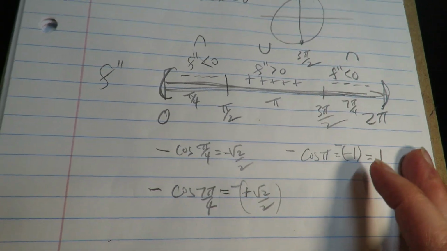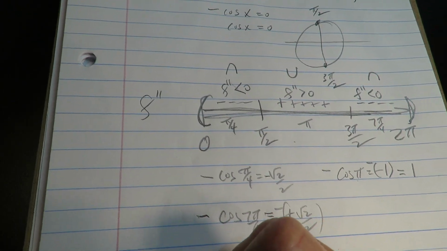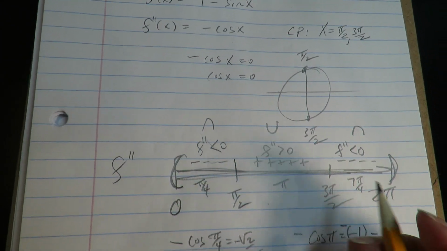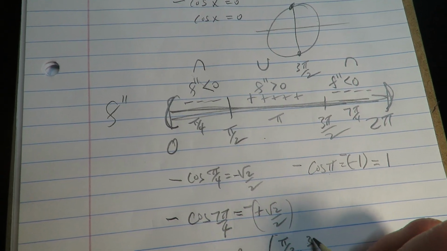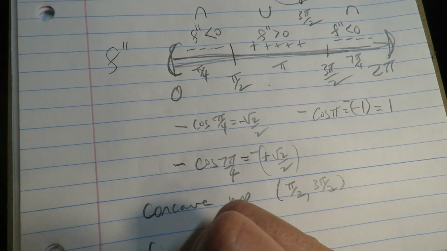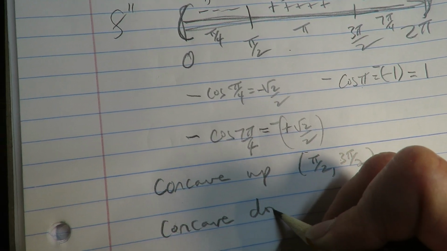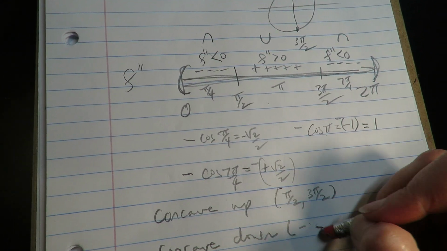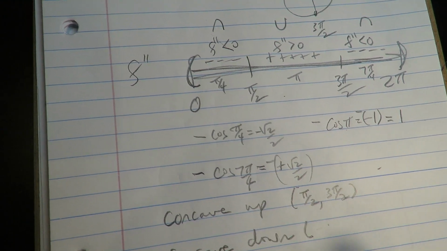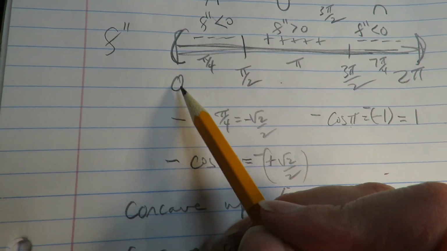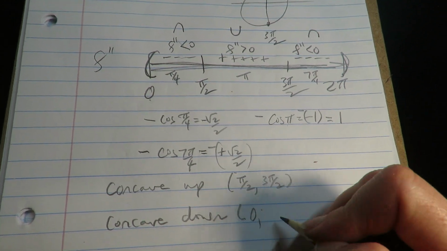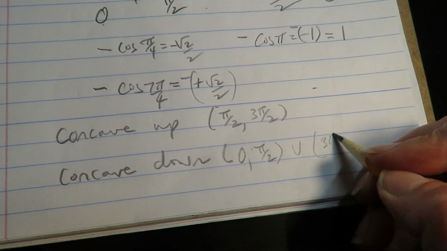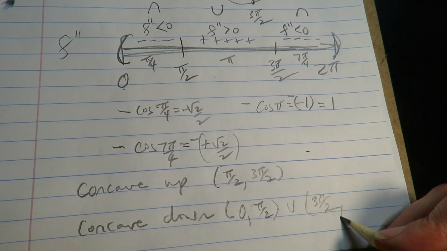All right, so let's write down the concavity since we've gotten it. The function itself is concave up from pi over 2 to 3 pi over 2, and the function is concave down from, I was going to say negative infinity, but we're capped here, so we have to say 0 to pi over 2 and 3 pi over 2 to where we're capped, which is 2 pi.